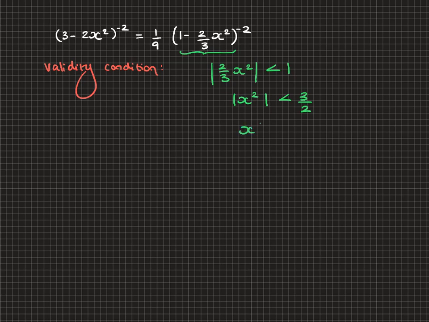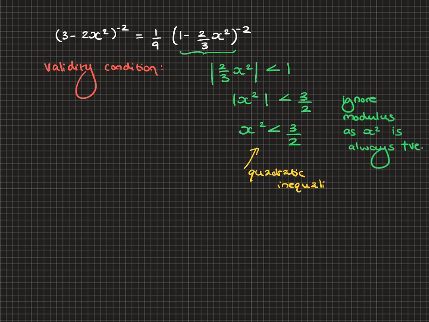So we could just say x squared is less than 3 over 2. Now, be careful because this is a quadratic inequality. So you need to do something like sketch a graph to check whether you've simplified this correctly.